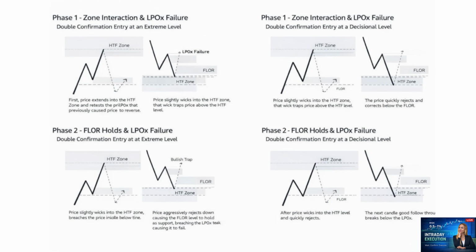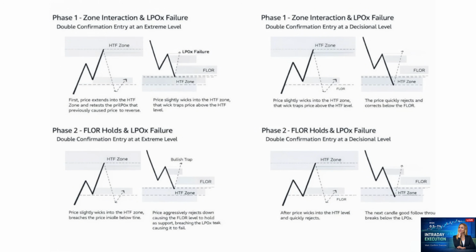On top of that, we can use this information to gauge whether or not you're actually going to enter our double confirmation entry on an extreme or decisional level, because the flow component of the double confirmation could be at an extreme or a decisional level.